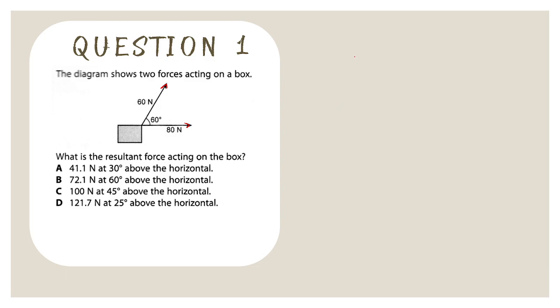If you cannot draw, you will not see the details surrounding the object, or the forces acting on the object. So the forces acting on the object are in this way. We have a 60 Newton over here, and we have an 80 going this way.